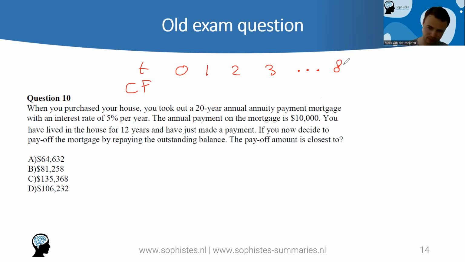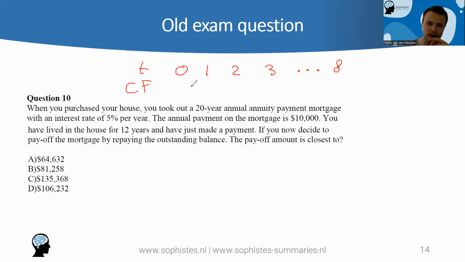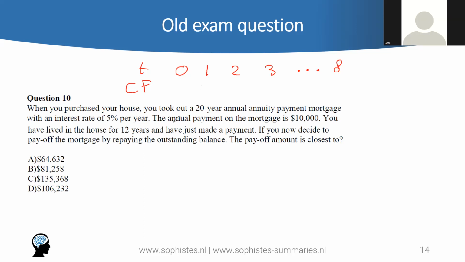We originally had to make 20 payments, but we already lived in the house for 12 years. And we just made our payments, so we did 12 payments. So we only have 8 left. The first payment, will that be today or next year? And remember, we have just made a payment. So do we have to make another payment today, or will the next payment be next year? Next year, because you've just made a payment today. So yeah, next year.